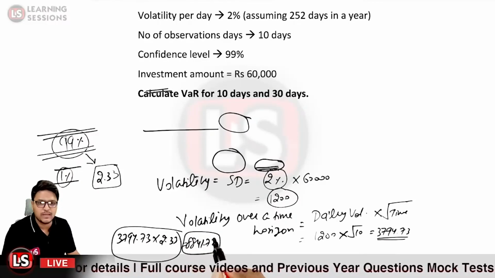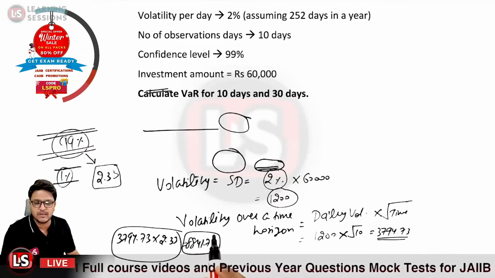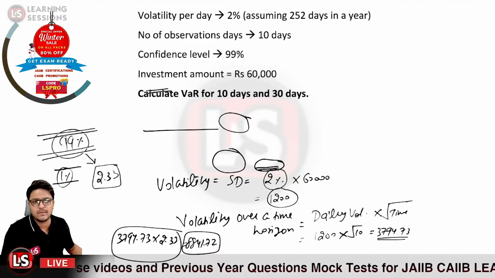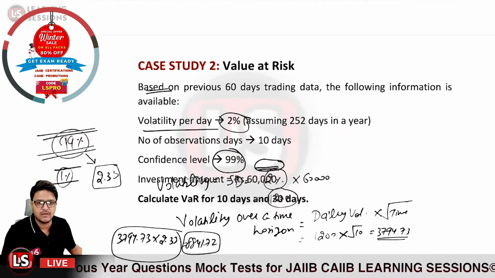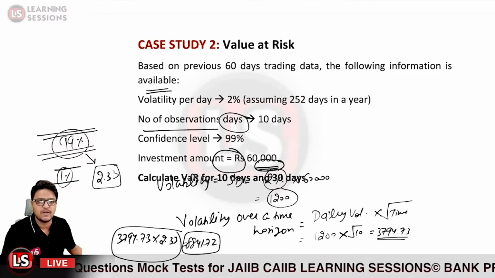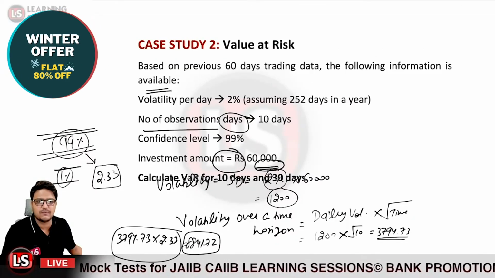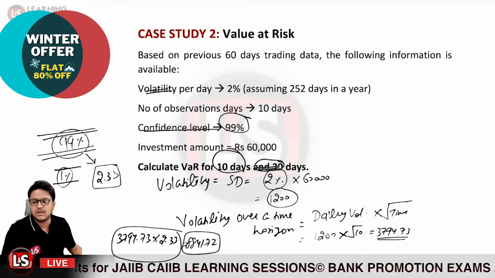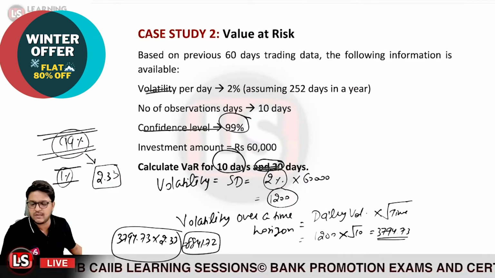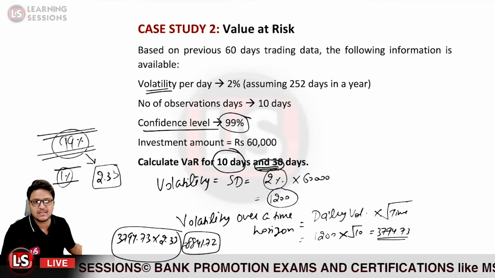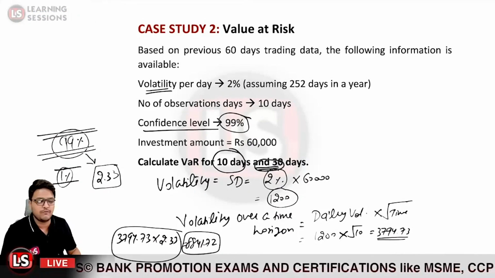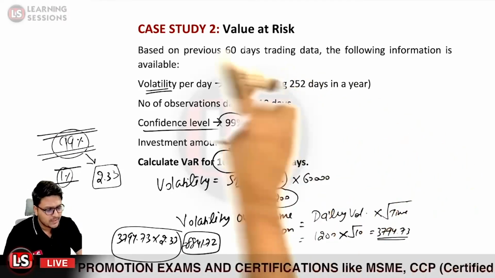So this is the value that would be at risk if we are considering a confidence level of 99% for the 10-day horizon value. Is that clear? That is how we calculate the value at risk.